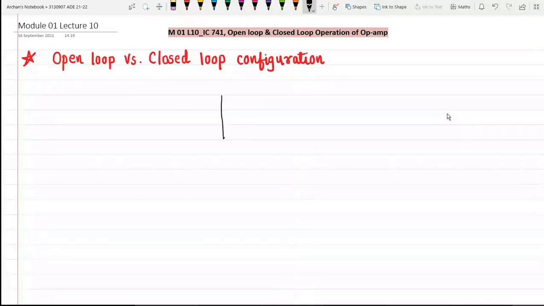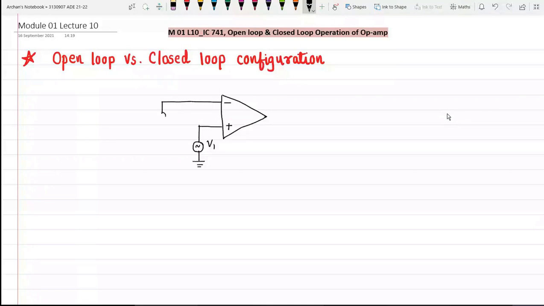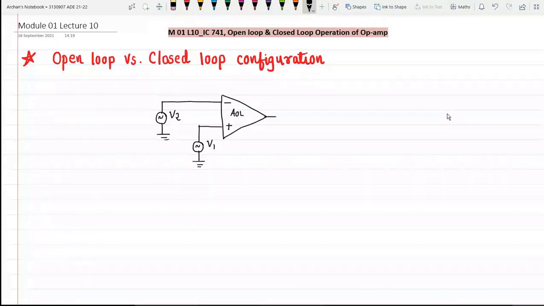We have one inverting terminal and one non-inverting terminal, and we provide some input voltages to them. At the non-inverting terminal, I am providing input voltage signal V1, and at the inverting terminal, let us say, input voltage V2. This is my open loop configuration, so we will get some output voltage V0 here.